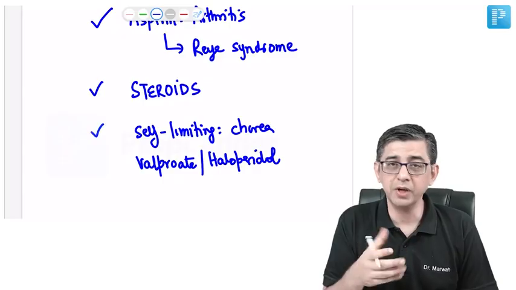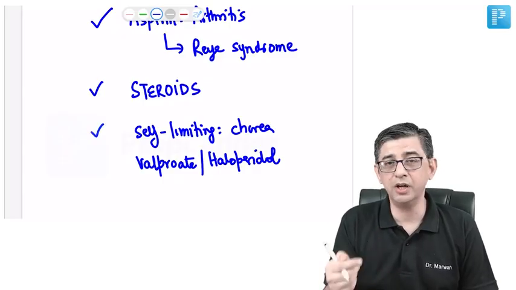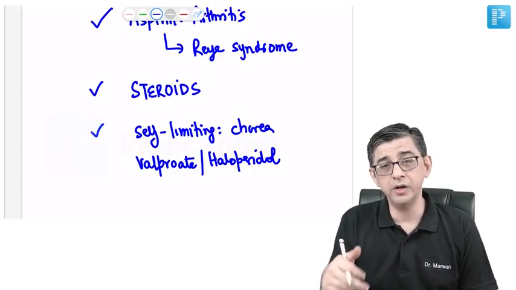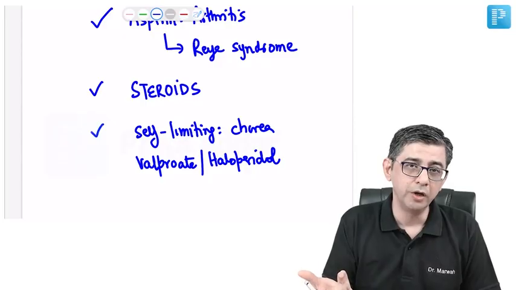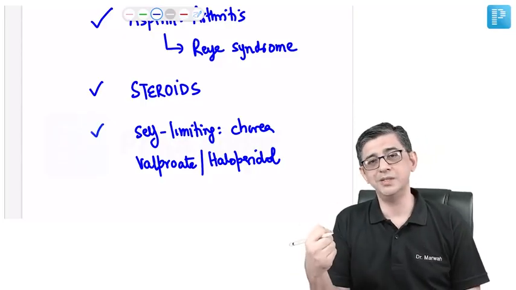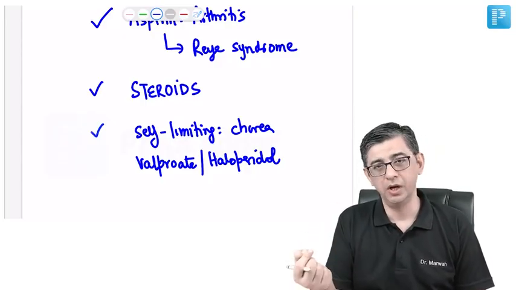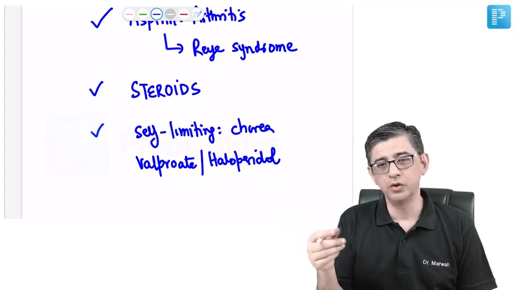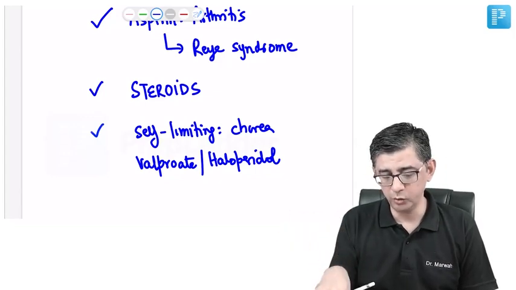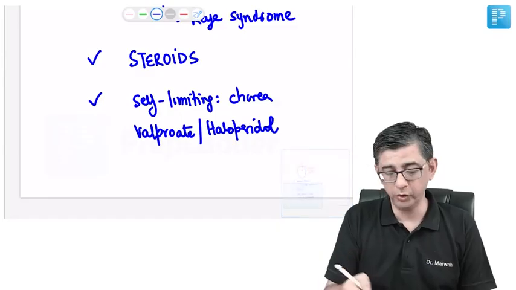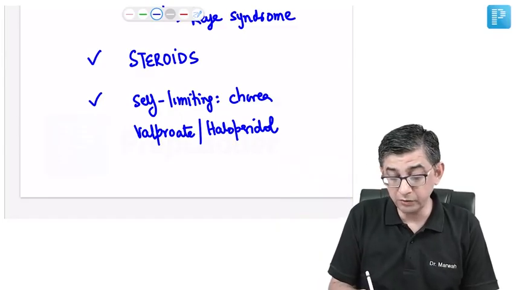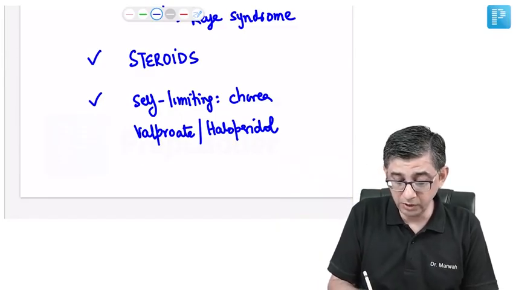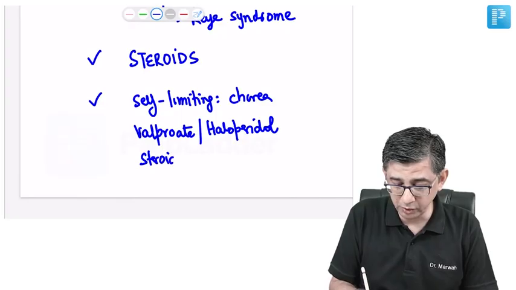So you will say, ma'am, if I give these drugs to your child, he will start having side effects. Like haloperidol can cause drug-induced Parkinsonism. You see, the basic essence of medical science is first to do no harm to the patient. Just to treat one symptom, I cannot cause another disease. So chorea is self-limiting. We can be using the drugs which I've mentioned here before you. And even if this is not working, then even steroids would be useful for management of chorea.